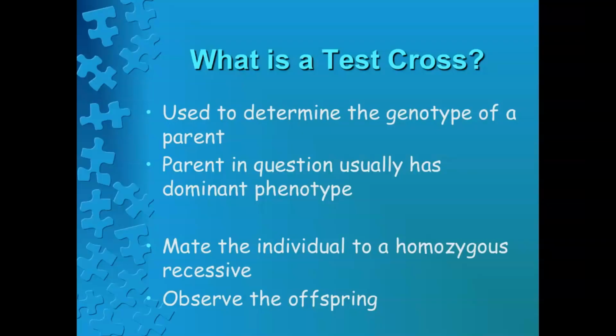A test cross takes the dominant parent we don't know, homozygous dominant or heterozygous, and mates it with a recessive parent. We know that if that parent is recessive, they have to be homozygous, with two little letters. We mate these individuals together and look at their offspring. The ratios from the offspring will tell us whether the dominant parent was homozygous dominant, two capitals, or heterozygous, a capital and a lowercase.